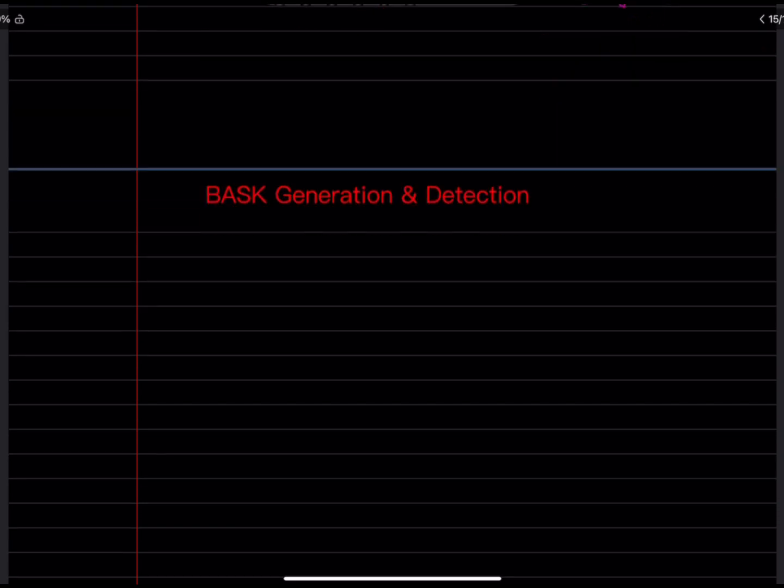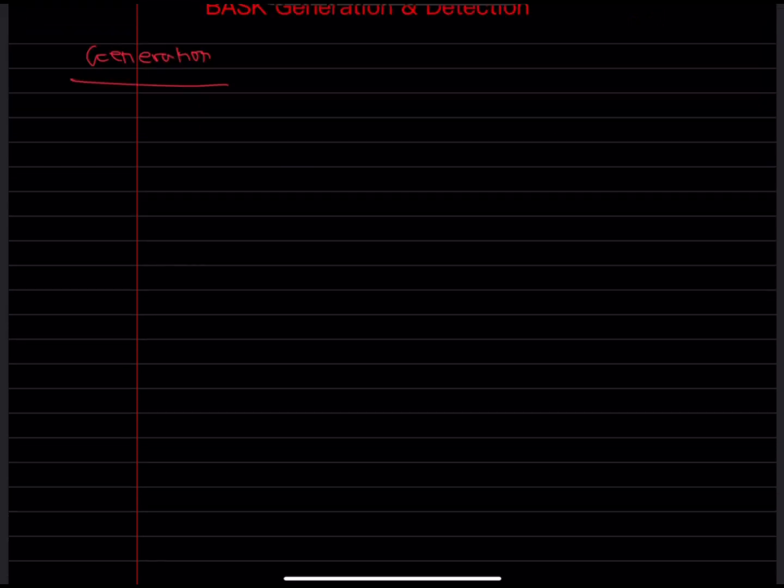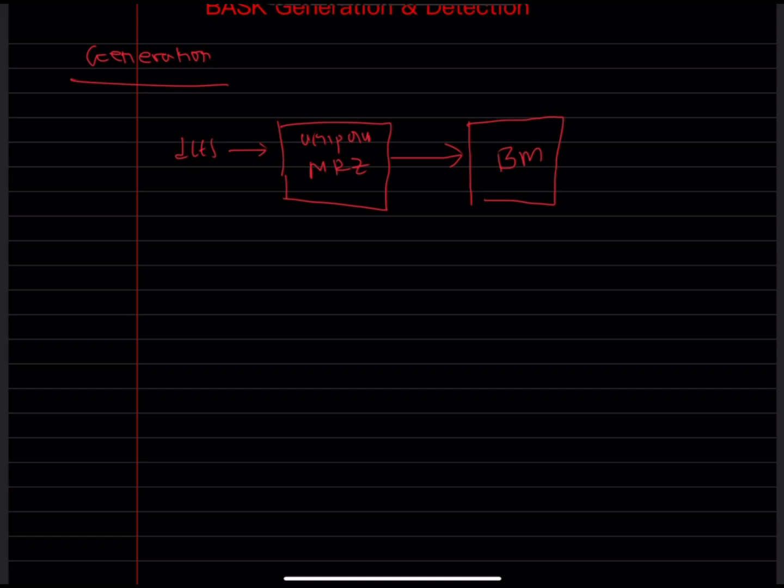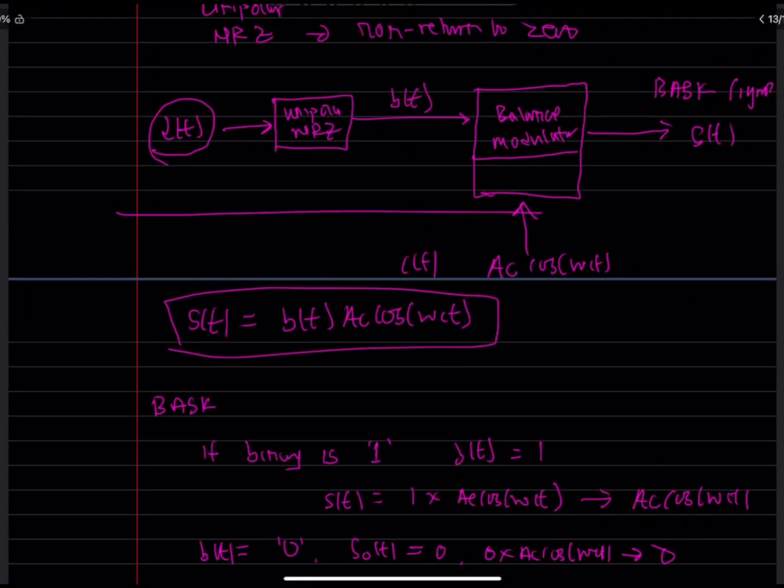For the generation, as I said earlier, you pass the discrete data through a unipolar non-return to zero, and then from there we pass it through a balance modulator. The resulting output, remember that here is B of t, is going to give us S of t, and I already did that with you in my previous tutorial. Here is the diagram that we illustrated earlier.